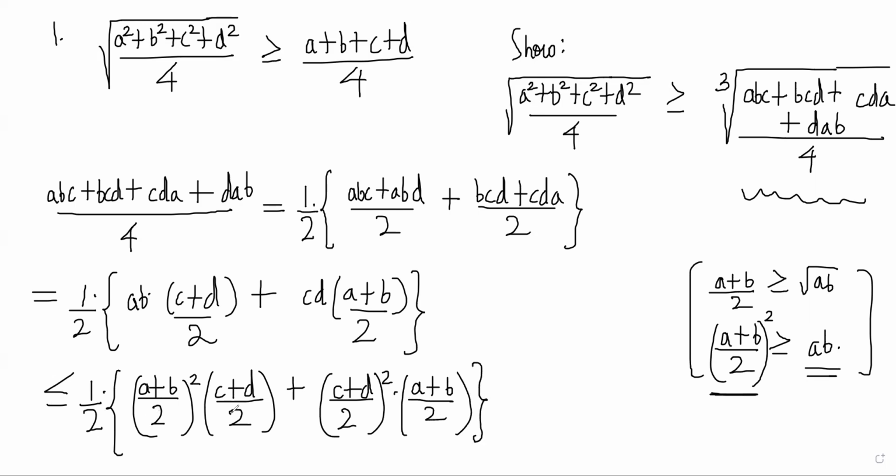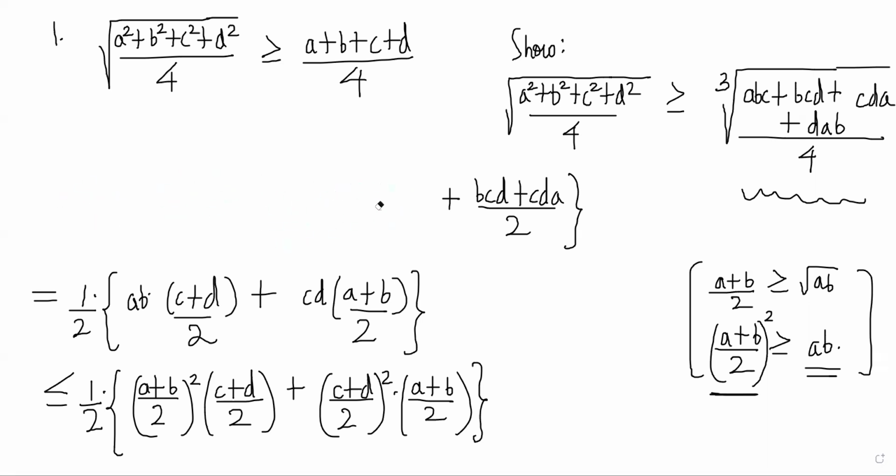So this is an inequality, and obviously I can take what common here? I can take a plus b by 2 times c plus d by 2 common, right? So the next step I'm writing above here.